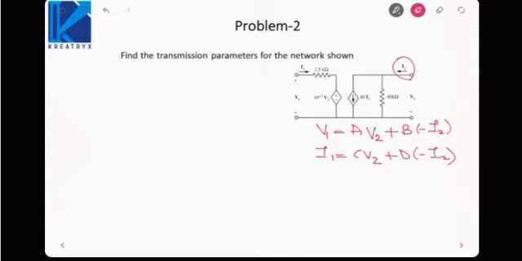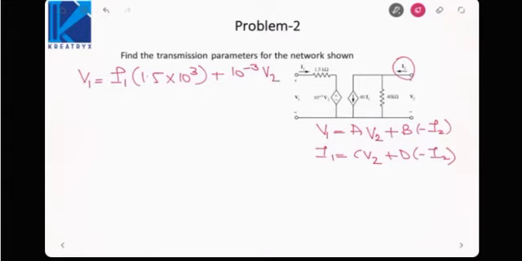Now let us apply KVL at this input port. So V1 will be equal to I1 into 1.5 into 10 raised power 3 plus 10 raised power minus 3 V2.